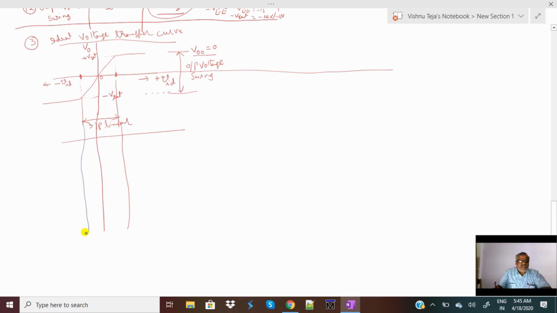This is the minimum value, and let us take a sine wave like this, which is well within the input linear range. To get the corresponding output, extend this with a dotted line, project it onto the transfer characteristics of the operational amplifier, and draw the corresponding output like this.